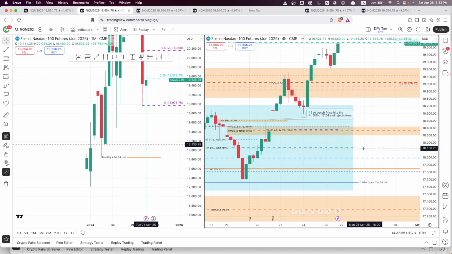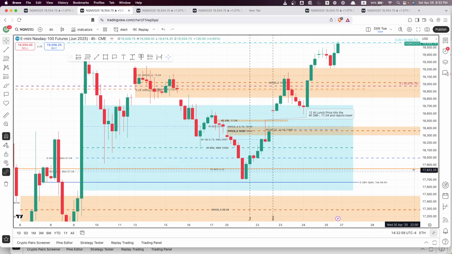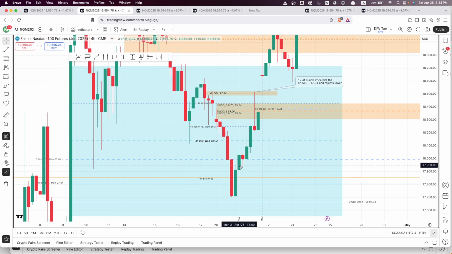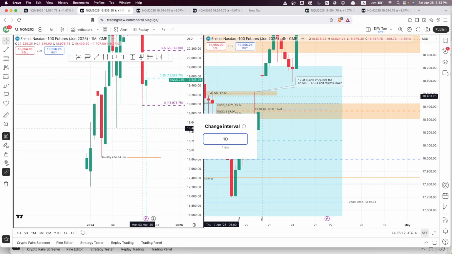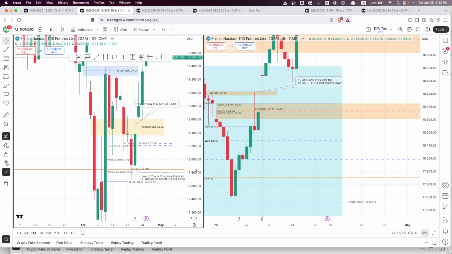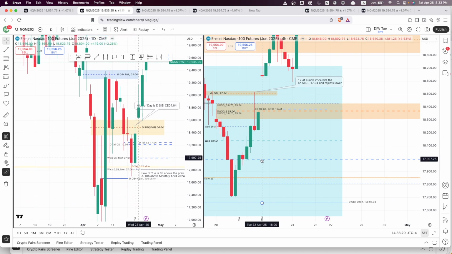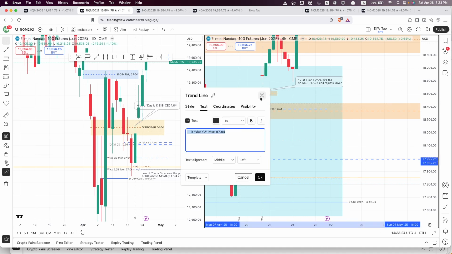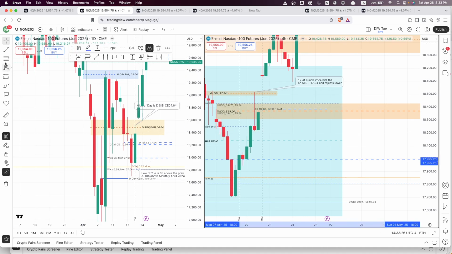On the 4-hour, it would be this area. And we see how price finds support during London at the daily consequent encroachment. So if I put the daily over here instead, it will be this area, 704.